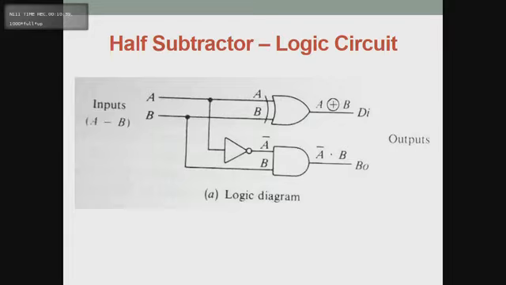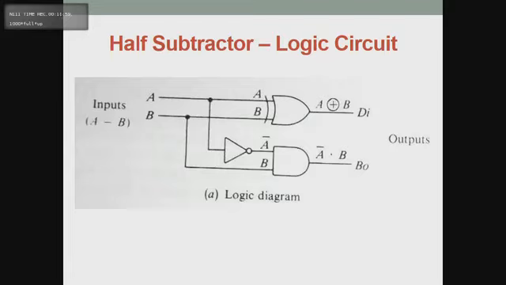It is not able to utilize the borrow in our inputs. In reality, if you look at a real subtraction problem in binary, you will need to utilize that borrow. But in this case, it is not able to.